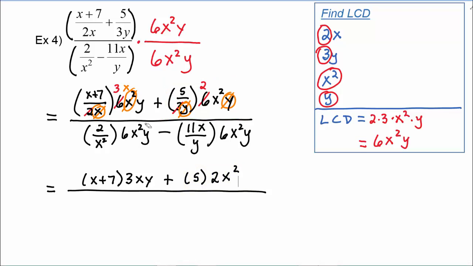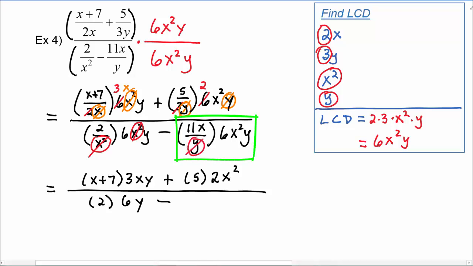In the denominator, we have x squared canceling the x squared, so the 2 will multiply 6y minus, we have this y canceling this y, and we'll have to take 11x and multiply it times 6x squared.